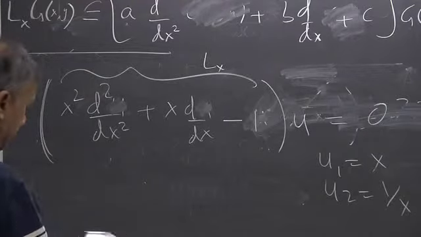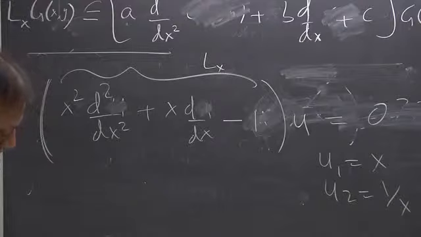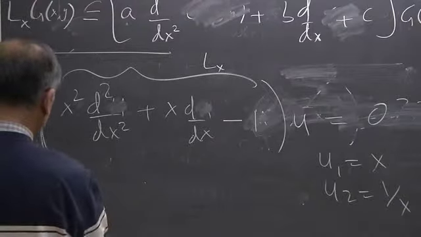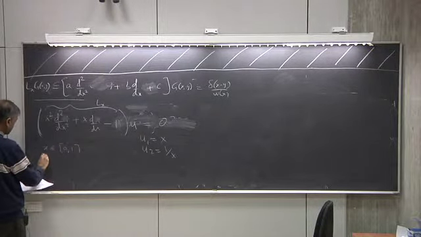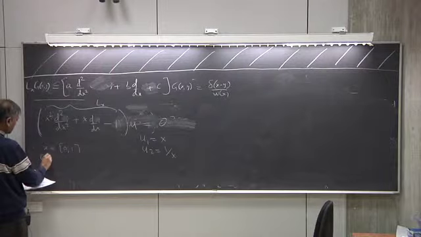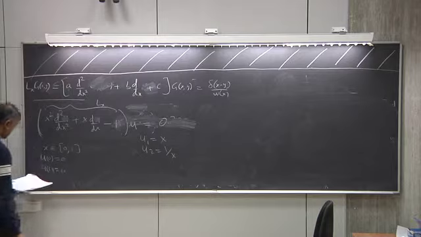Let me use the same boundary conditions, although it's not necessary. So x is in 0 to 1, and we take a Dirichlet boundary condition, u of 0 equal to 0 and u of 1 equal to 0. So Dirichlet boundary condition again.